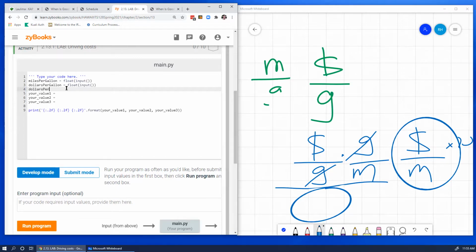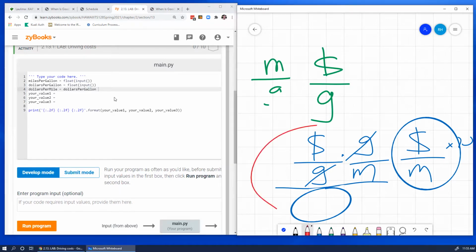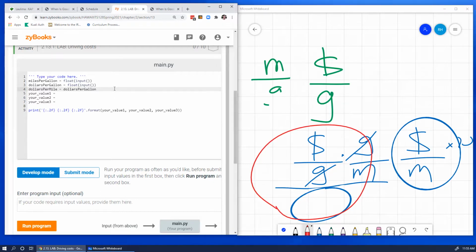Dollars per mile equals dollars per gallon, it was this equation right here, dollars per gallon divided by miles per gallon. Okay, so this is dollars per mile.